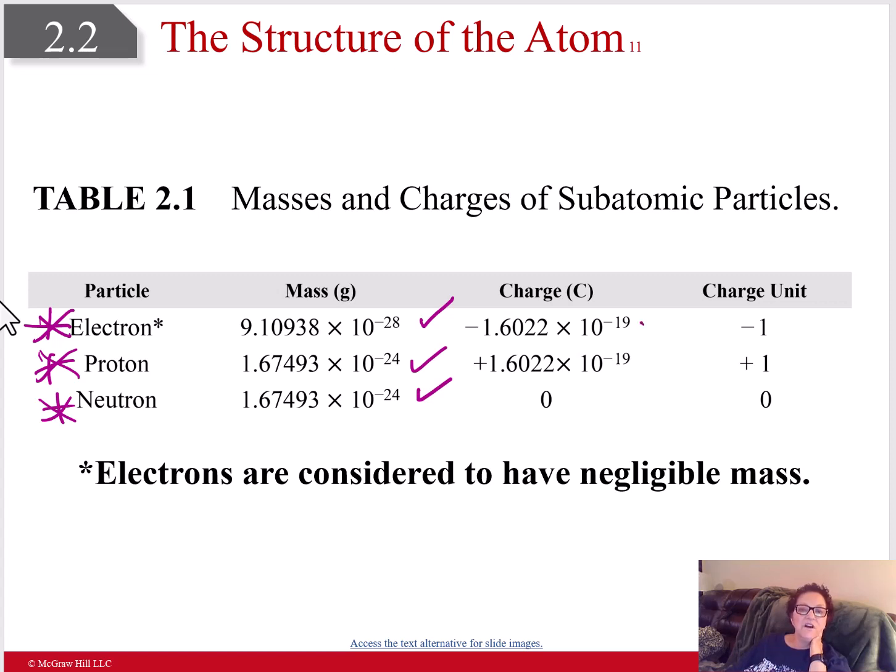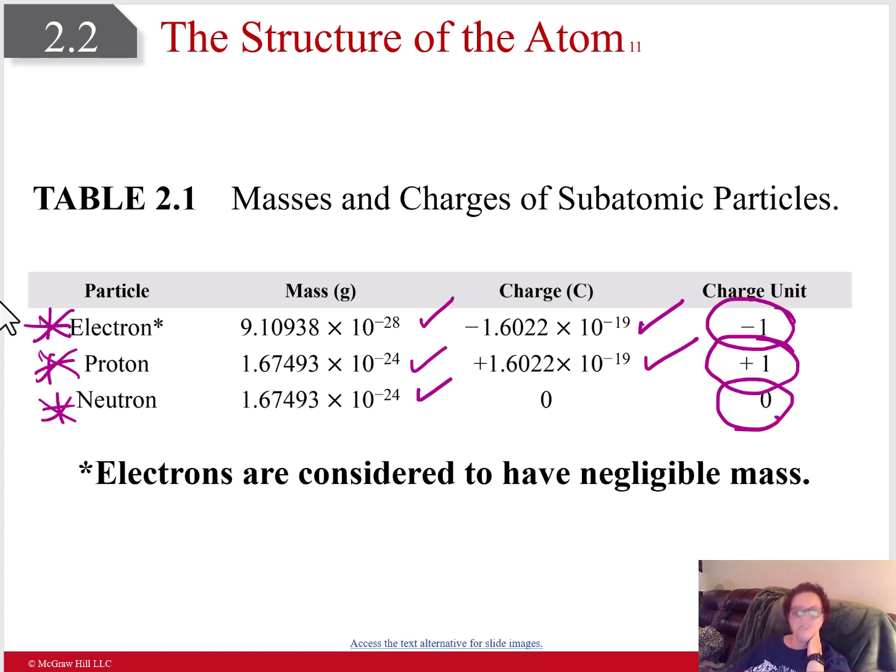The electrons have this charge in coulombs that we saw earlier, and the positive number of that with the same magnitude is the charge of the protons. To simplify, we just say the -1 charge on the electron, plus 1 charge on the proton, and a 0 or neutral charge on the neutron.